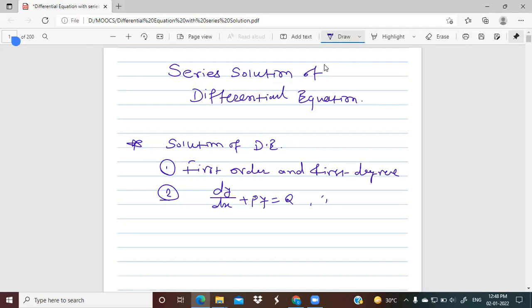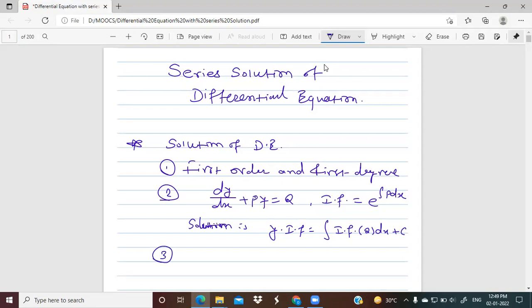In this case we find the integrating factor, e raised to the integral of P dx, and the solution is y times this integrating factor equals the integral of the integrating factor times Q dx plus a constant. This is the famous way to find the solution of a linear differential equation.